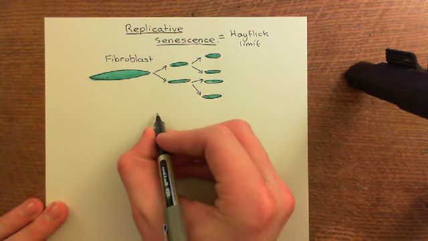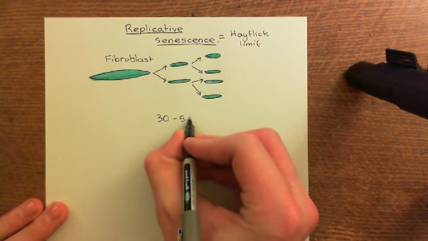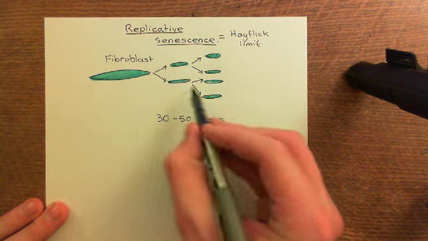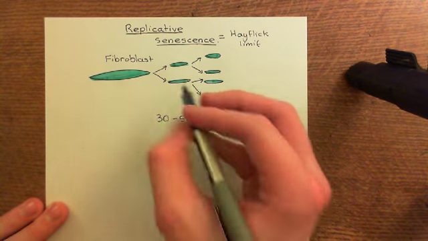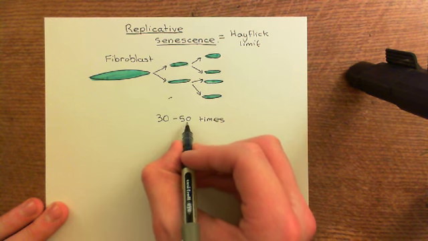Generally for fibroblasts, it's somewhere between 30 and 50 times that the population will double, and then they'll stop. So basically, this fibroblast can undergo this division process 30 to 50 times.